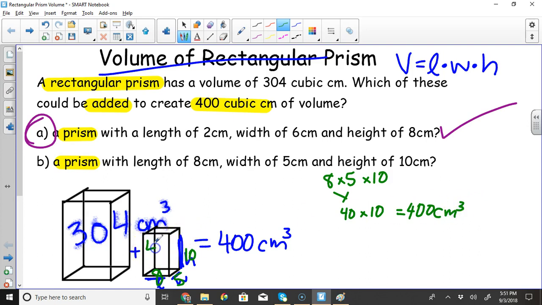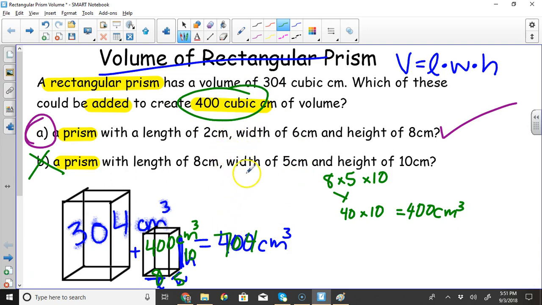So is that what I want? So this first one is 304, and this one's 400, and I want them together to equal 400, not one of them by itself. So this one is not the answer, because if I added 400 to 304, I'd have 704, which is not what I needed to find.